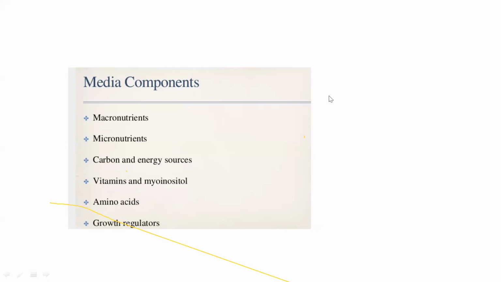Then you may have to change the suspension medium into a production medium, in which you may have to add a precursor for the particular secondary metabolite. So in that case, you should know which precursor is going to be converted to the secondary metabolite. So you have to change the cell culture to a production medium.